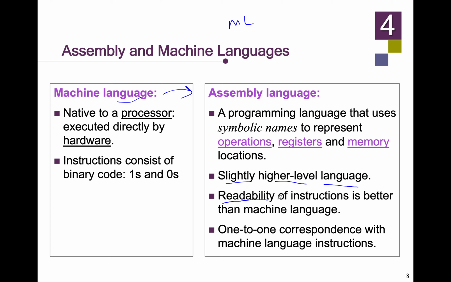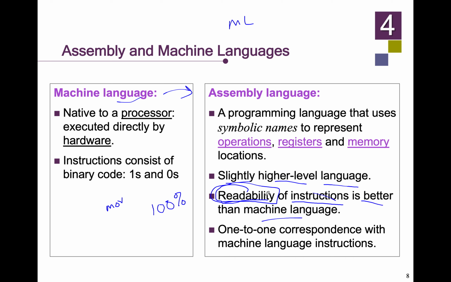It's readable, which means that as a programmer, you can read and understand it. Sometimes it's not fully 100% understandable, but still you can try to figure it out, like MOV, what is MOV? Of course, it's move, like add, what is add, and so on. As mentioned, it has readability, meaning the instructions are readable, which is better than machine language.